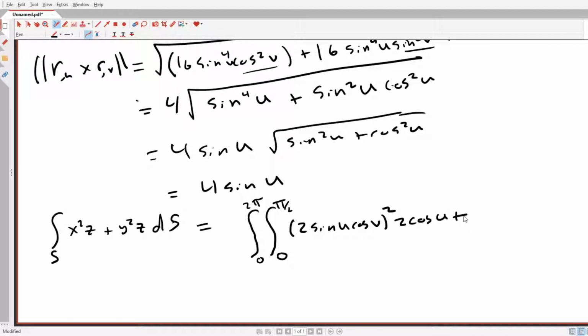plus 2 sine u sine v squared, and then 2 cosine u. dS right here is going to change to being this vector that we calculated, dA.